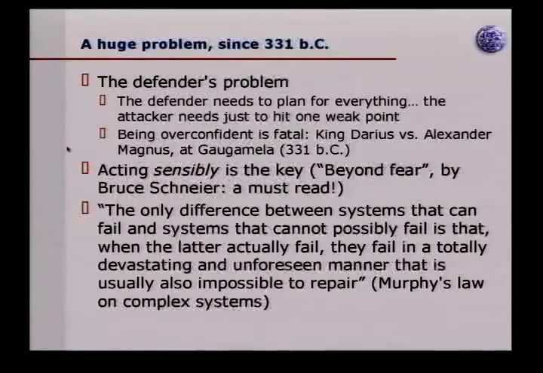Being overconfident is the common mistake of defenders. And there are a lot of examples. One example I particularly like is the battle between King Darius of Persia against Alexander Magnus in Gaugamela Plains, 331 before Christ. Darius had already been beaten by Alexander in a couple of narrow valleys.